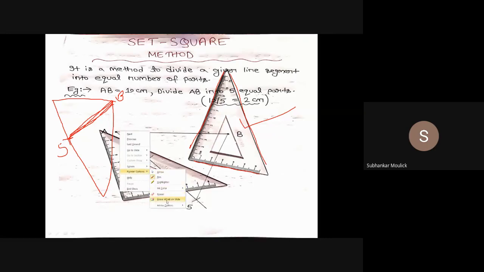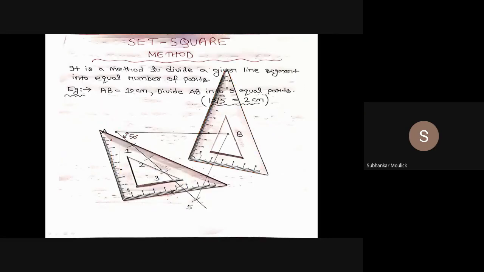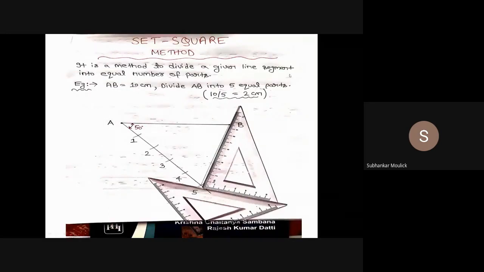Okay. Next step is what you need to do. See, I have aligned this 5B line with the 45, 45, 90 set square. Next process is the longest side of the 30, 60, 90 set square. Then fix this set square.